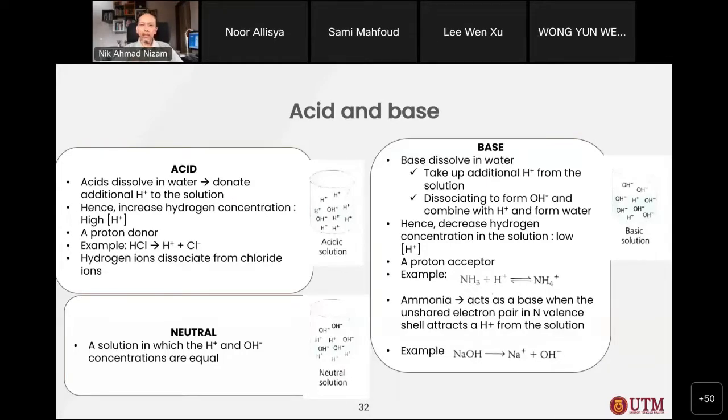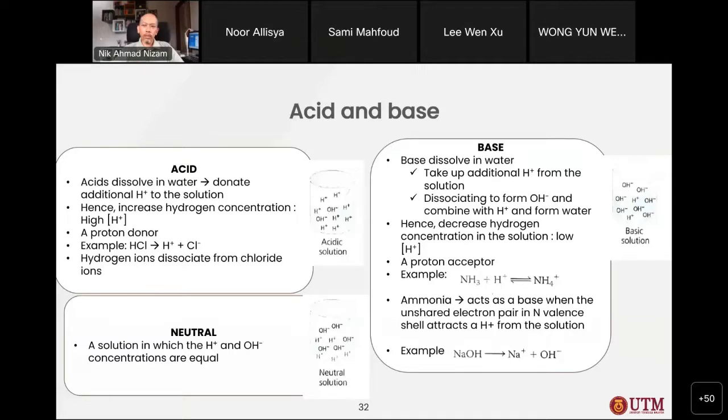For a base, it's different from H+. In a basic or alkaline solution, there will be a lot of OH-. The example is sodium hydroxide, which in water forms sodium ion and OH-.